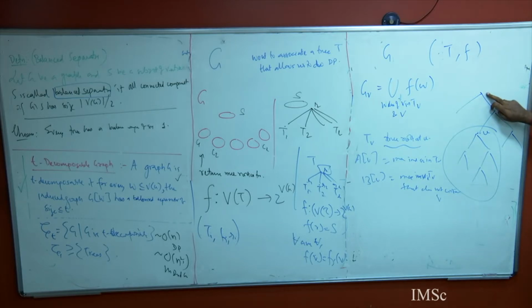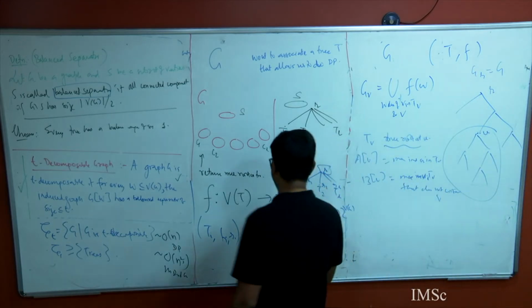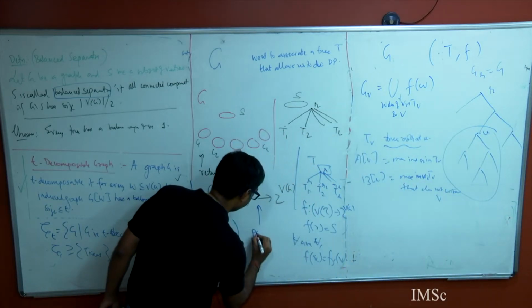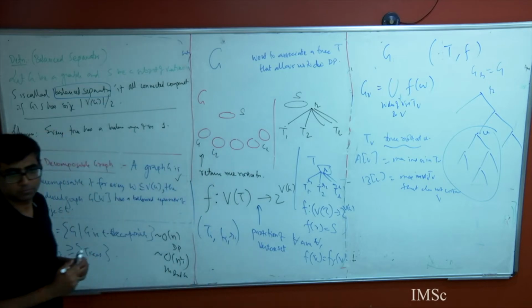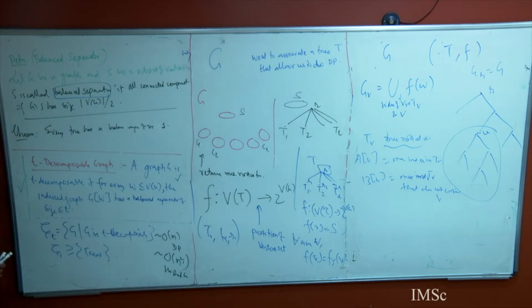Clearly, if I look at the first vertex, G of R is the whole graph. And there is something more funky about this function: in fact, this function is a partition of vertex sets. So this is my first attempt at defining this: given a graph, I associate a tree, and with this I have associated a graph.